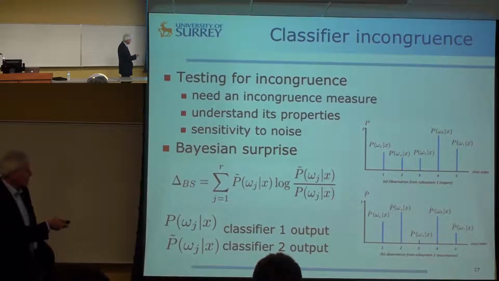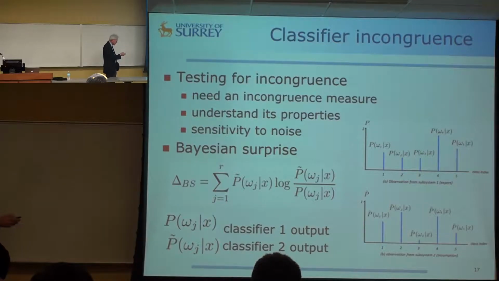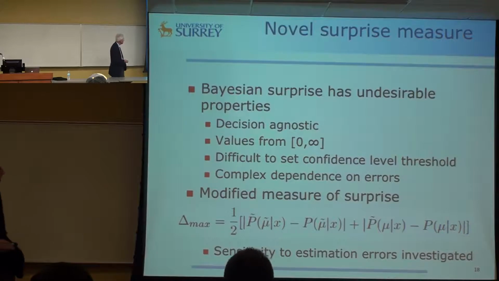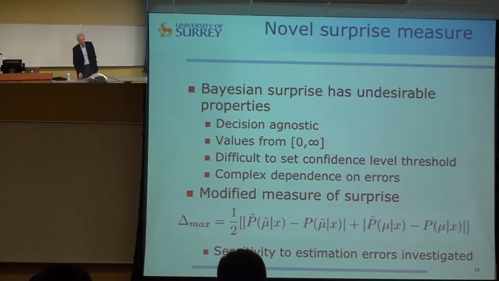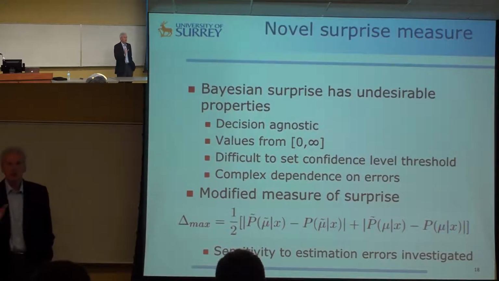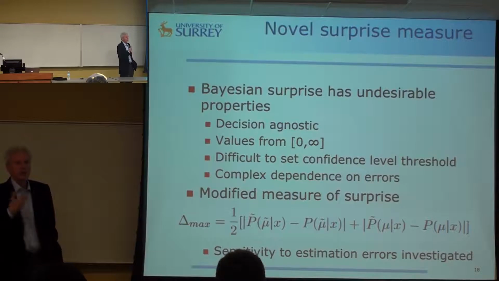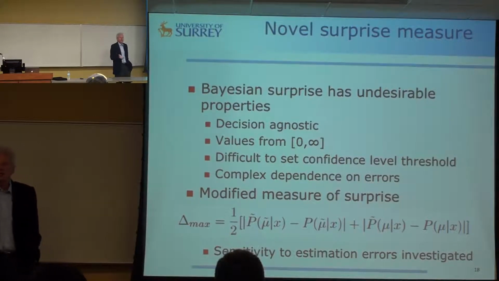It just measures this quantity, basically comparing the a posteriori probabilities produced by these two classifiers, and we found that the Bayesian surprise measure has an undesirable property: its values are not confined to finite intervals, so it's very difficult to define thresholds on that.